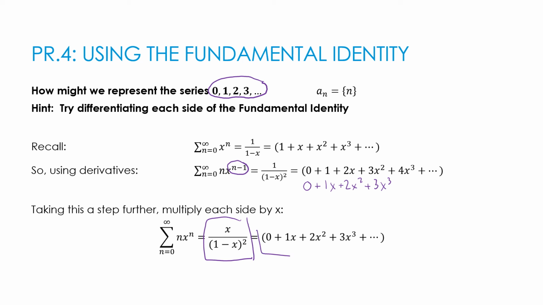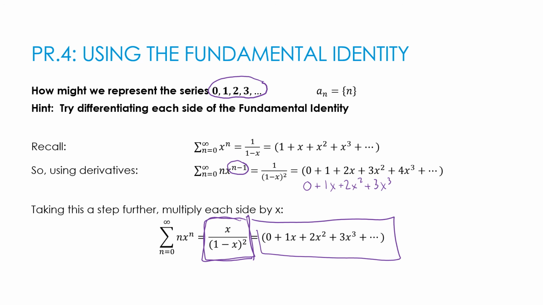And I end up with the expression that I wanted, 0, 1, 2, 3, etc. So again, that's another identity that you'll want to keep in mind using where we started at the fundamental identity, but it is essentially a new expression that you might use if you're looking for the series 0, 1, 2, 3, etc.